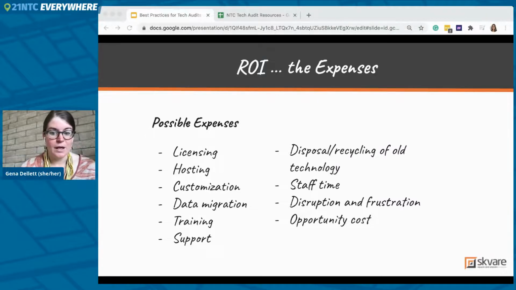A lot of this has been about software, but remember there's also hardware expenses, right? So maybe you have old tech and the disposal or recycling of that tech, or like we talked about, staff time. That's very relevant in the management of old hardware or management of old software. And then the opportunity cost of what it costs when you don't make a change.